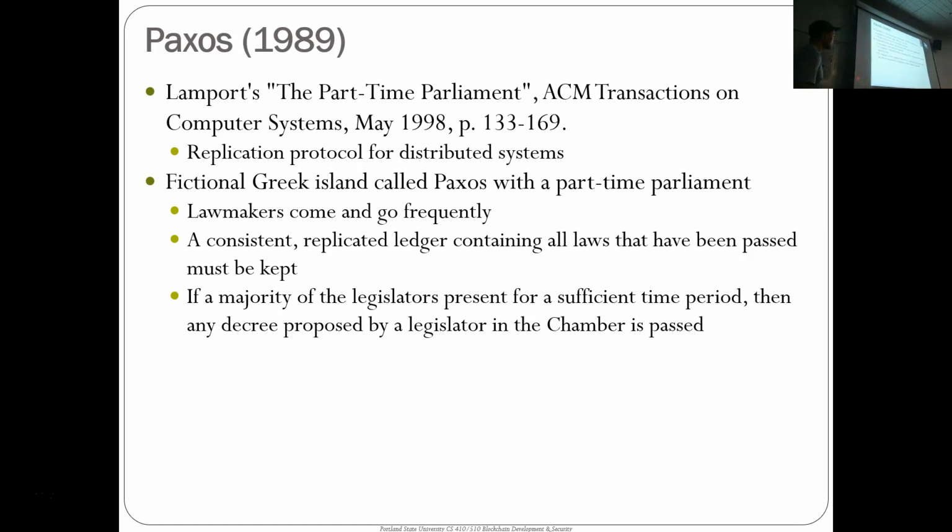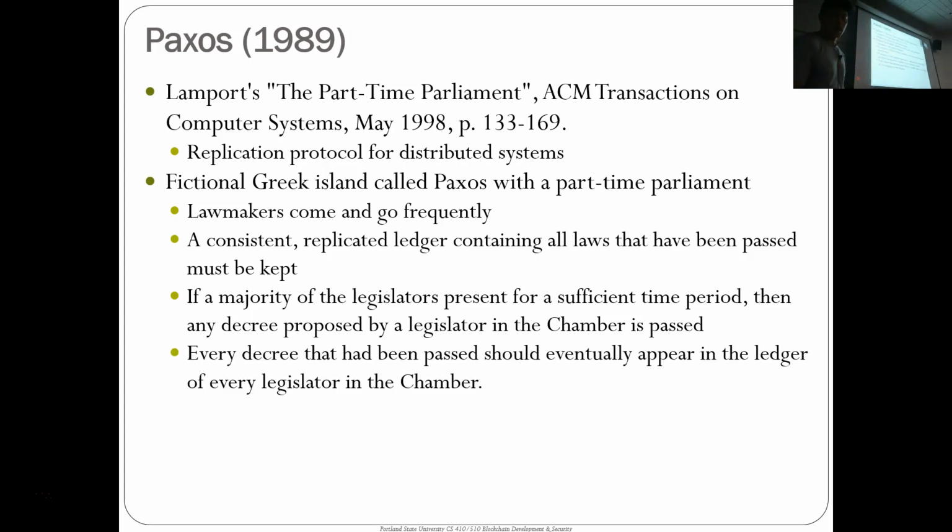If a majority of the legislators are present for a sufficient time period, then any decree that has been proposed by a legislator will be passed and entered into the record. And then every decree that has been passed should eventually appear in the ledger of every single legislator in the chamber. So the replicas can come and go, but eventually everyone gets a consistent ledger of all the laws.